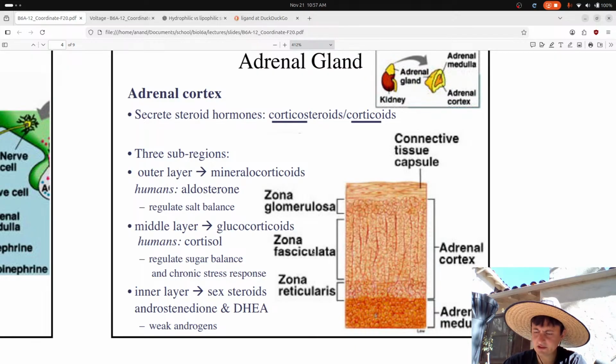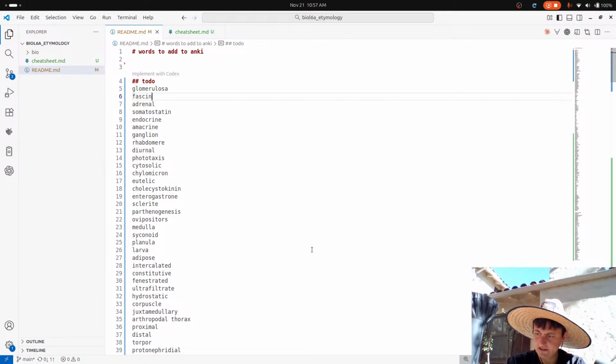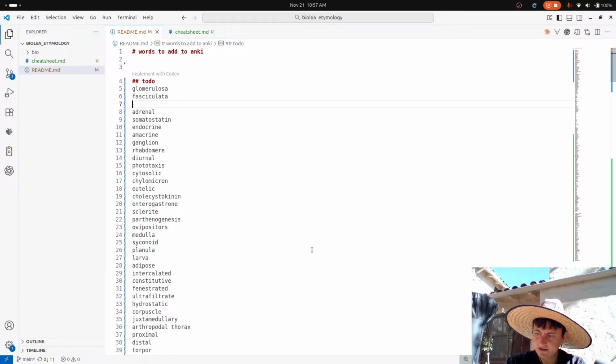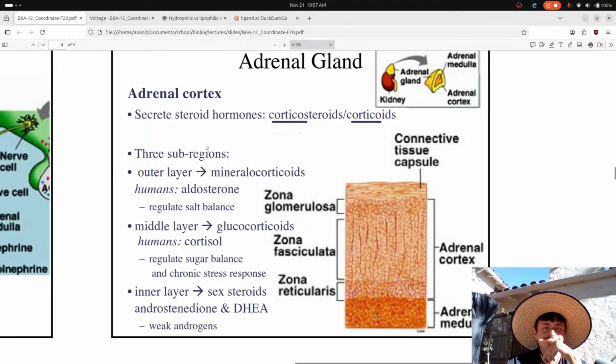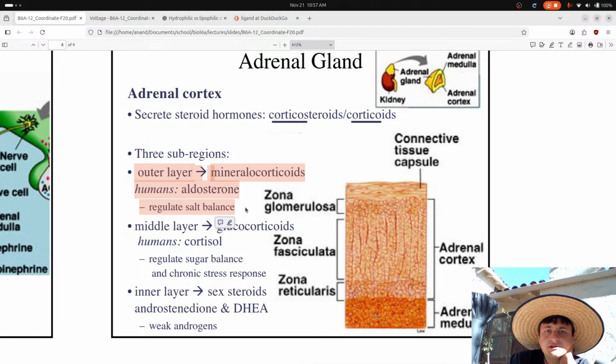Yes, reticularis. So we have glomerulosa, fasciculata, reticularis. All right. Three subregions.